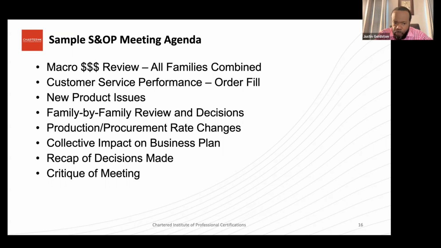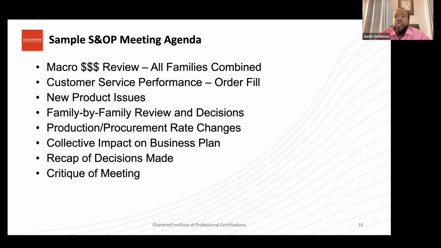Especially in today's times, this is one thing that a lot of organizations have taken a close look at, and it's something we're going to continue to assess.